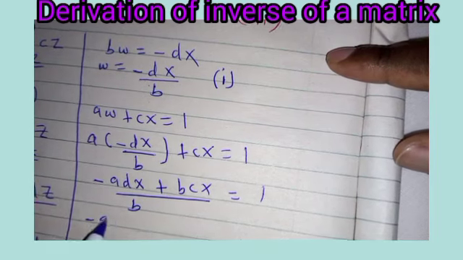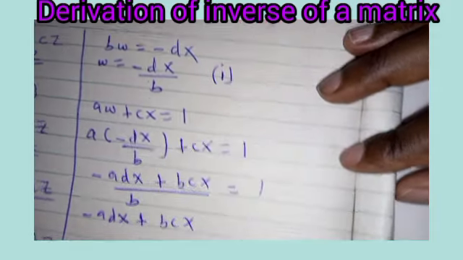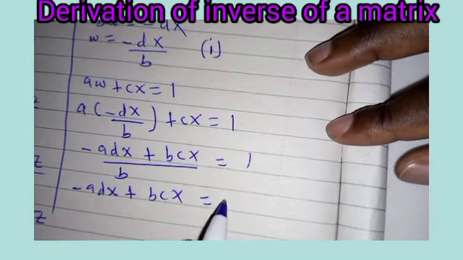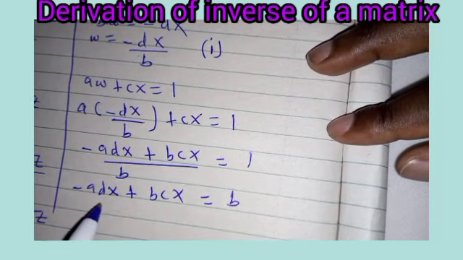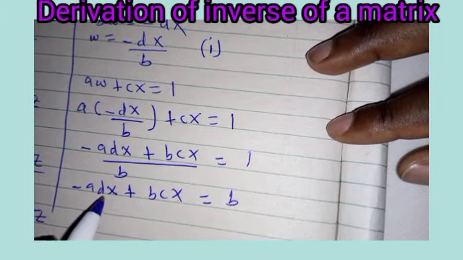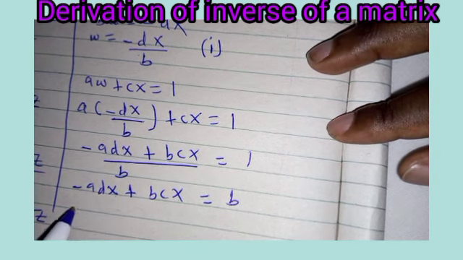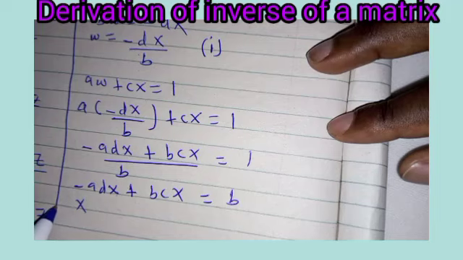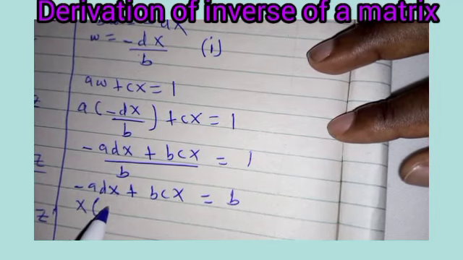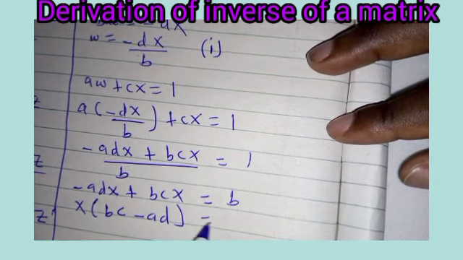So minus adx plus bcx, multiplying the denominator on both sides, is equal to b. Here we can factor what is common, x is common. So we factor x, and we will be left with bc minus ad, which is equal to b.